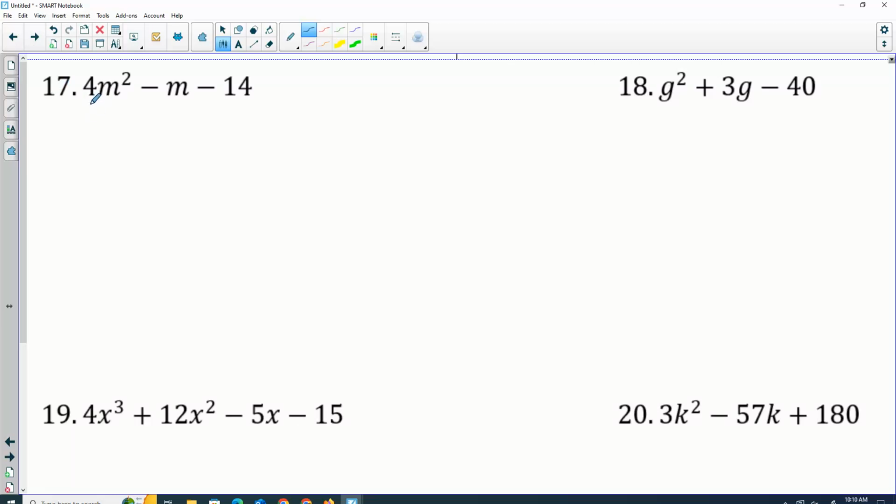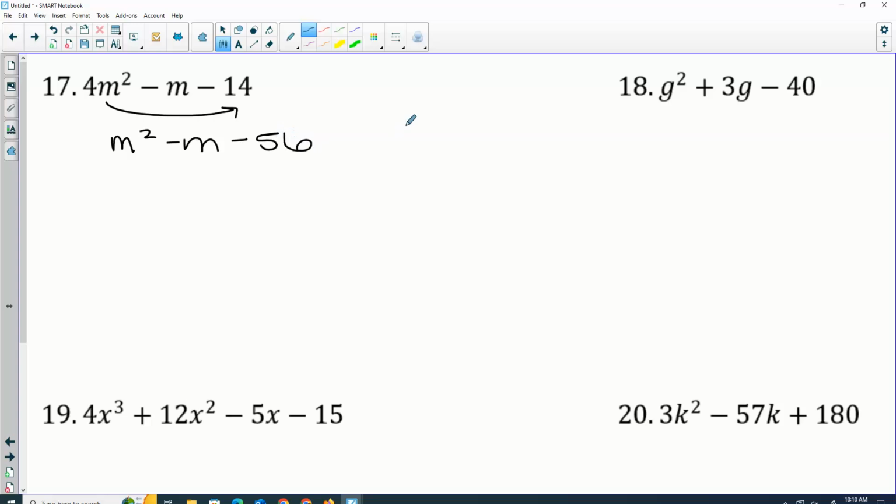I want to work problem 17. Do we have a greatest common factor? No, so we slip and slide. So that's, when I do that, we have m squared minus m. 14 times 4 is 56. So you're looking for two numbers. So multiply negative 56, add to negative 1.